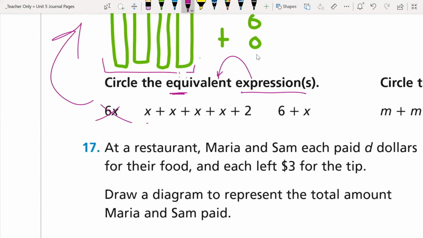We do have 1, 2, 3, 4 unknown values. This is the same as 4x. So that'll work. And of course, the 6 plus x won't work either because we have more than 1x. We have 2 donuts, not 6. That's what I meant to say.